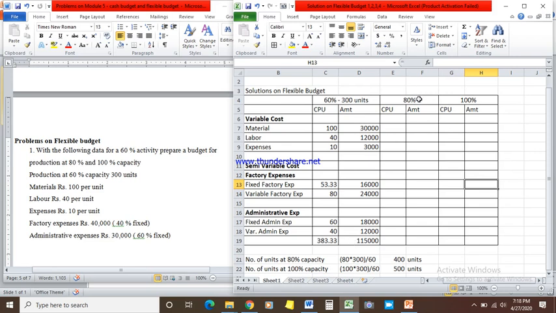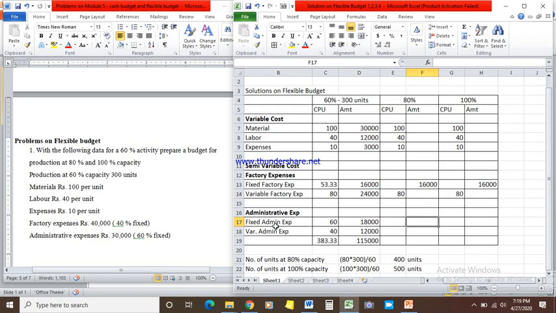Now what happens in case if you are going for 80% and 100%? So this variable cost per unit, it is going to remain same, whether it is at 80% or at 100%. Now in the factory expense, fixed factory expense amount is going to remain same, 16,000, because it is a fixed factory expense, whereas per unit of the factory variable cost is going to remain same.